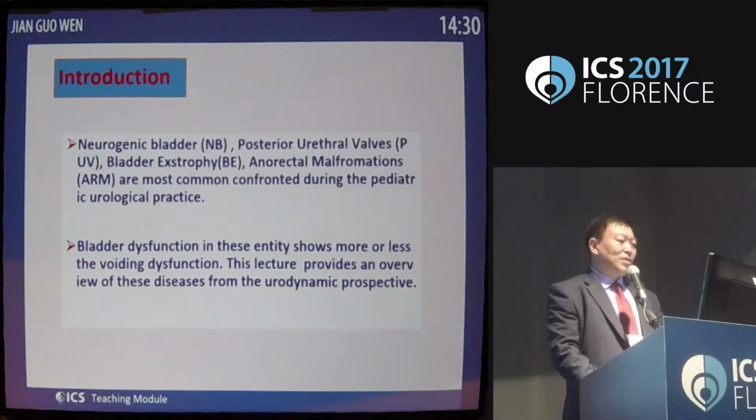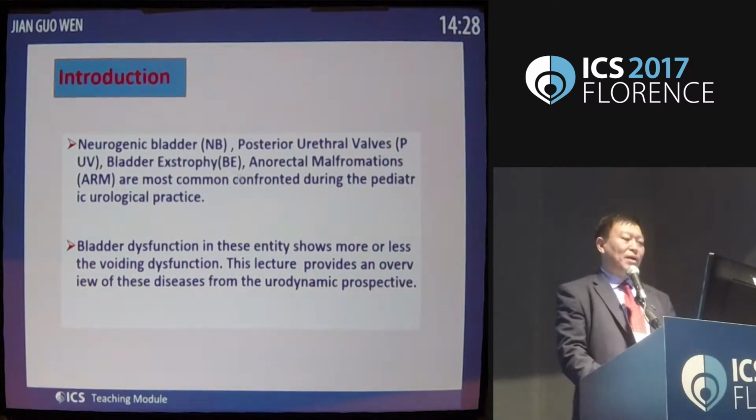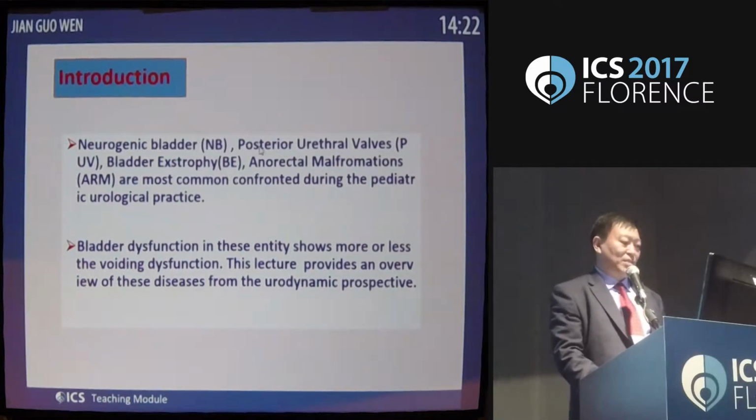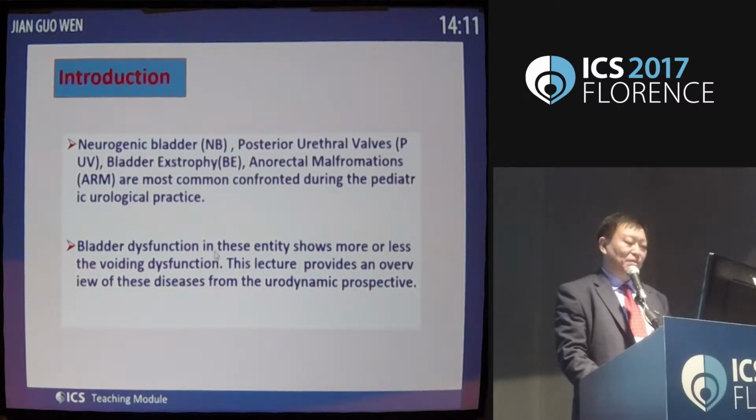It's well known that these four abnormalities are very common in pediatric clinical practice. All these diseases are related to bladder dysfunction, before or after a procedure or operation, or before or after they come to the hospital.